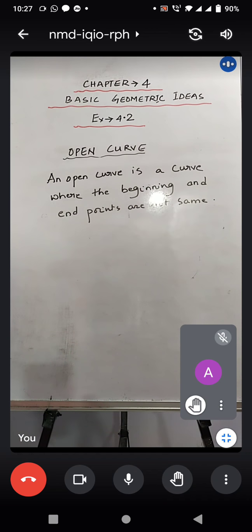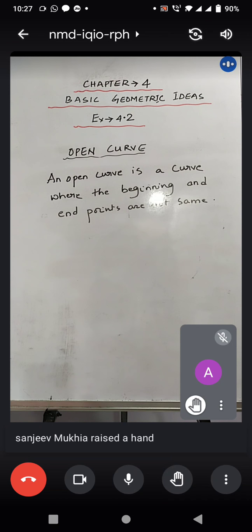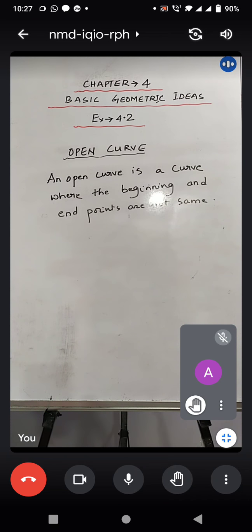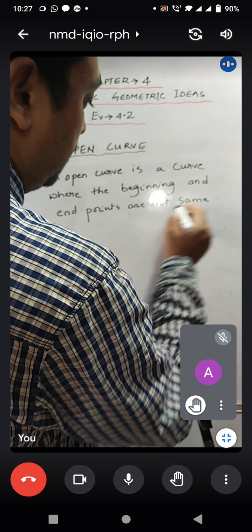So these are called open curves. I am going to read out the definition again. An open curve is a curve where the beginning and the end points are different. Also you can say they are not the same.